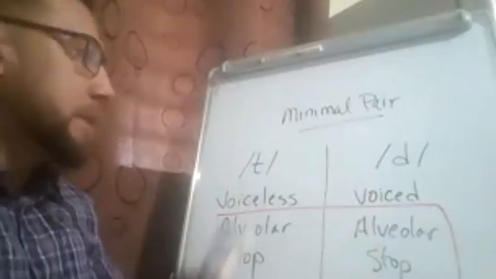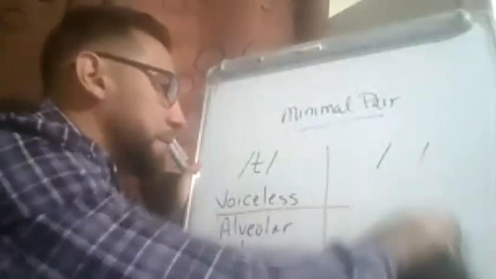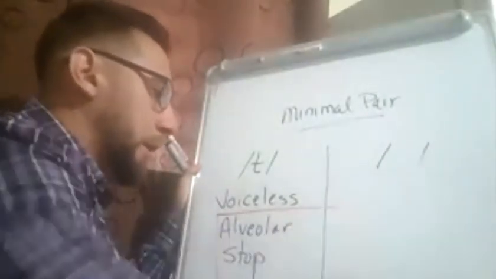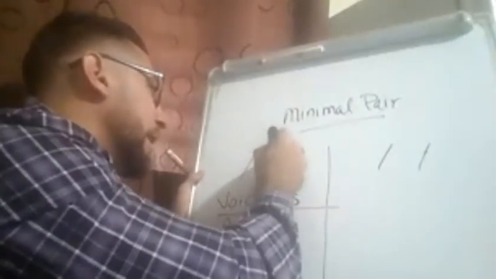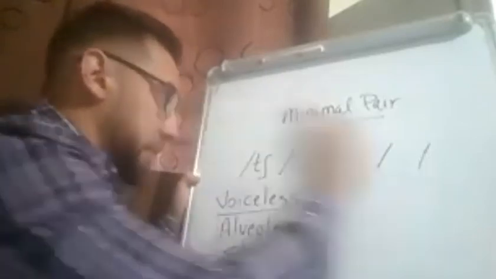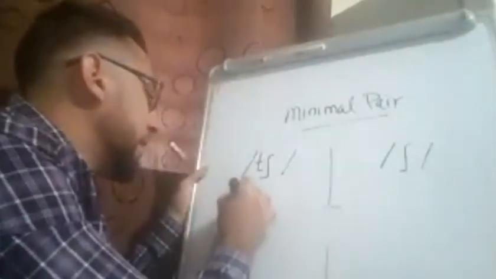But what happens if I write, let me just take one of the examples from the workshop, so you can see why it is not a minimal pair. Some of you wrote this as a minimal pair. Why are they not minimal pairs? Let me see.